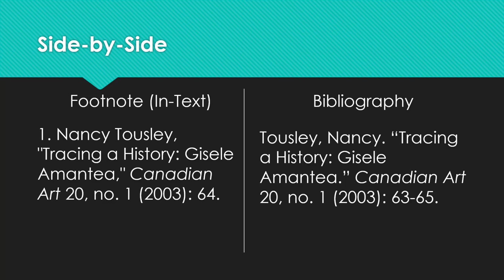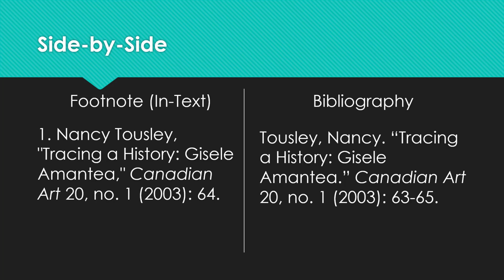So in the footnote, you can see just side by side the differences. In the footnote, you have a number, and then the author's name is first name, last name, comma.